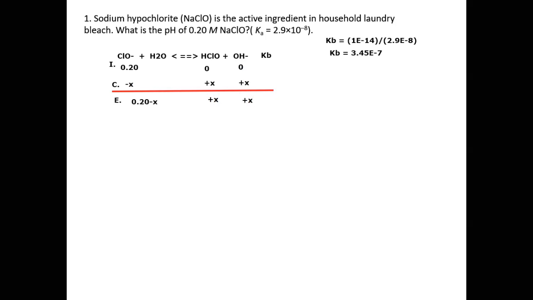Now notice here, concentration 10 to the negative 1, Kb 10 to the negative 7. That's a huge difference between the Kb and the initial concentration, so we can negate this minus x. Bada bing. And now we have 3.45 e to the negative 7 equals x squared divided by 0.20.